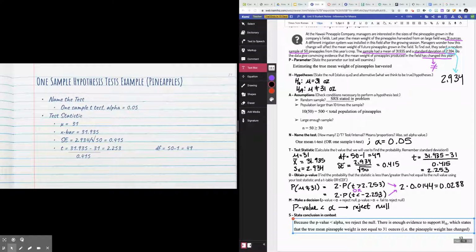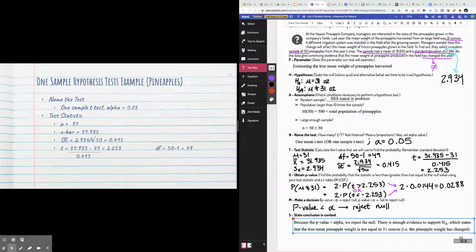So in this problem, we're talking about the mean weight of pineapples harvested from a really large field. Okay, we're assuming that that weight is 31 ounces. Okay, and they've changed something. They've introduced a different irrigation system, and they want to see if that in fact changed the mean weight of the pineapples produced in this field.